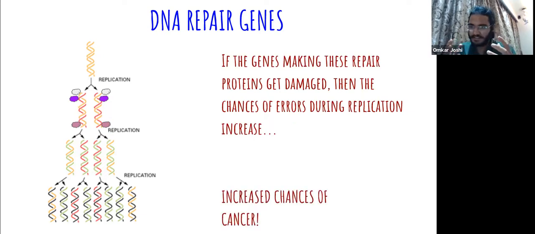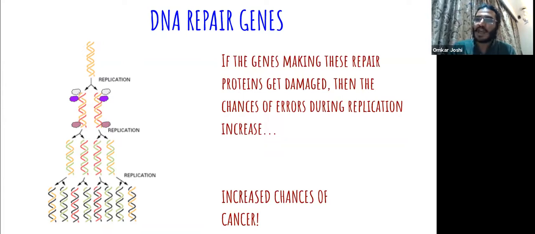So anything and everything which leads to a damaged DNA can technically cause cancer. And DNA repair genes are this backbone, right? They will go and actually check everything to see if the duplication, the replication, has been okay or not.